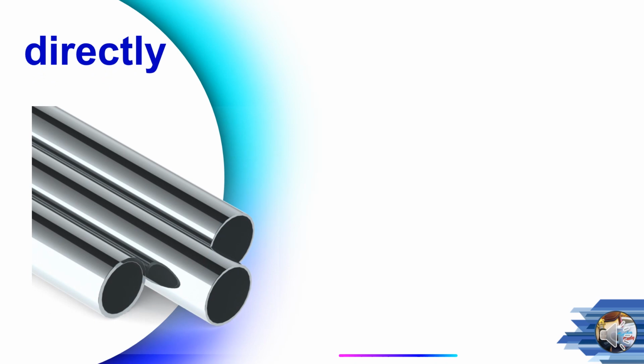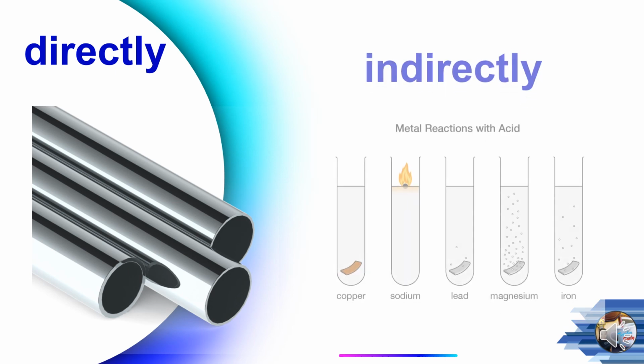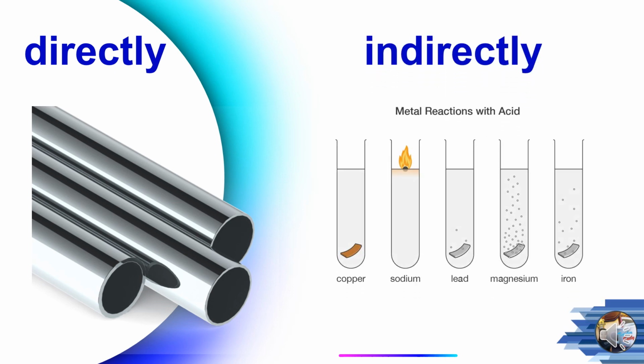When we say directly, for example, we have a sample metal in front of us. We can identify that the material is gray, hard, and shiny. And when we say indirectly, through tests, this material is able to conduct heat and electricity, and that it will react with an acid.